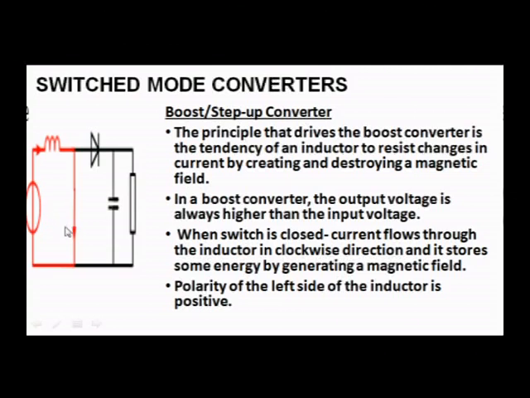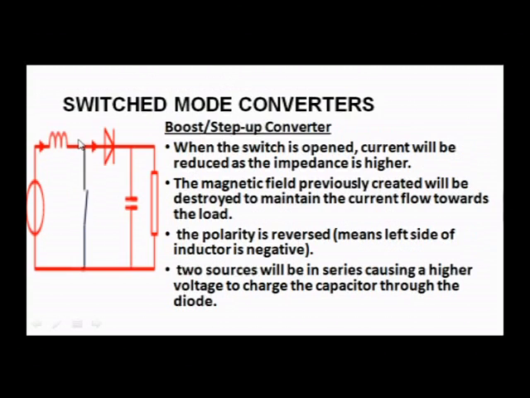So, as soon as I close the switch, there is an instantaneous change in the current, but the inductor will not allow instantaneous change, it will only allow linearly increasing current. In the boost converter, output voltage is always higher, and when the switch is closed, current flows through the inductor in the clockwise direction. I have shown it here, and that means the polarity on the left side is positive, the current flowing from higher potential to lower potential. So, that is why this is plus, this is minus. Okay?